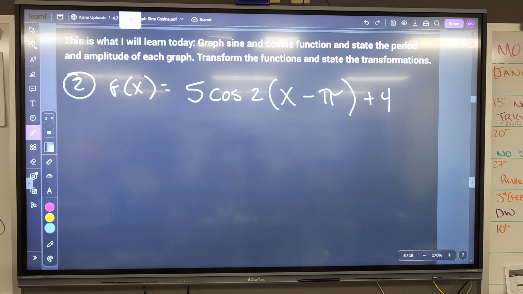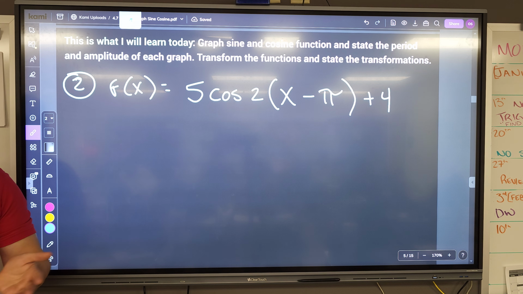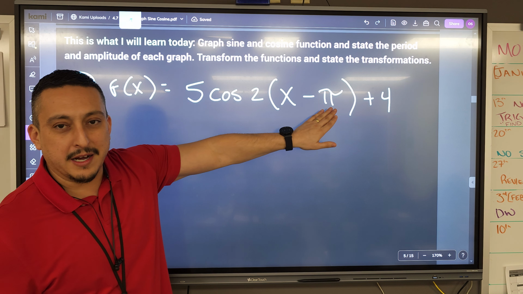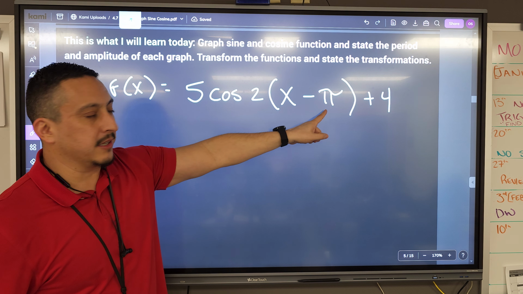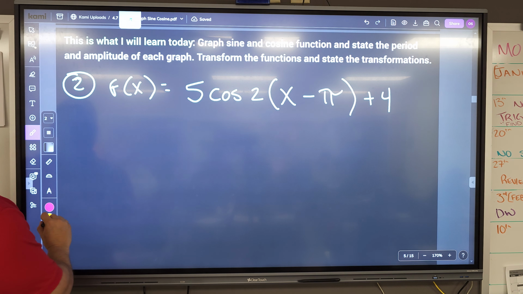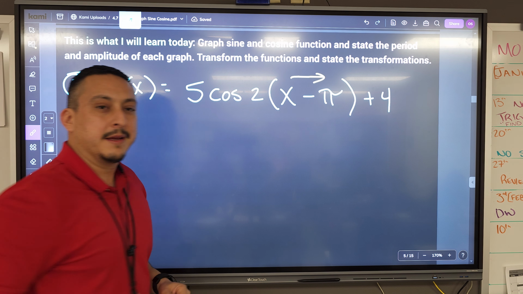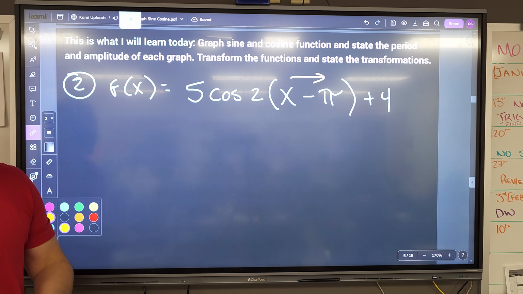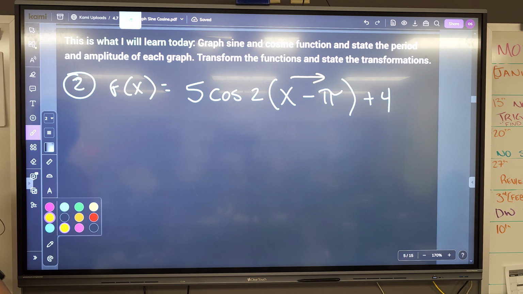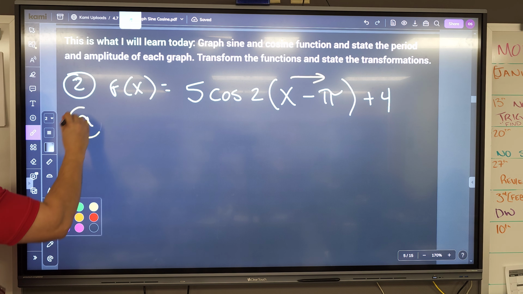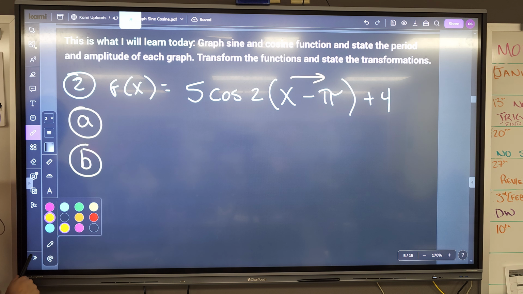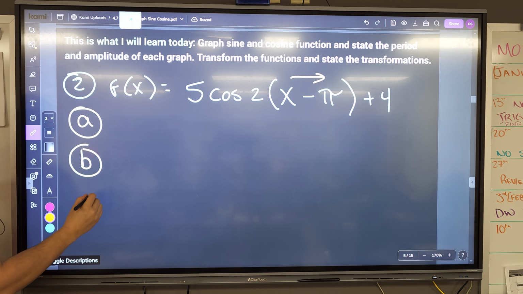Okay, so remember, just one thing before I start. On the other ones, before we would say it moved right 3, left 2, numbers like that. We're not counting by 2 and 3 and 1. This time we're counting by pi over 2. So that's why it looks like this. So this would be a right pi, which is weird, but that's how you say it. Okay, it went right pi. So A, B, C, you already know what those letters stand for, so you don't have to rewrite them.